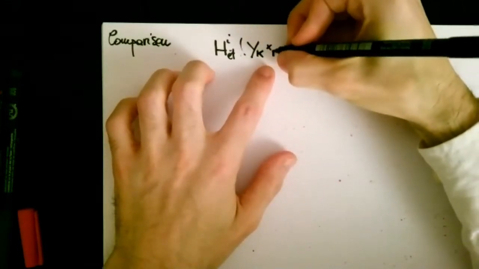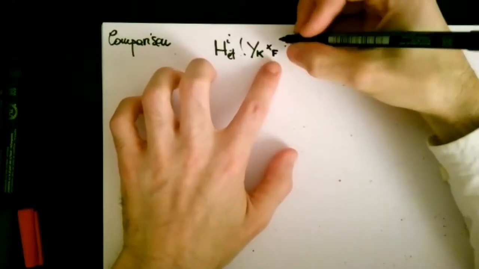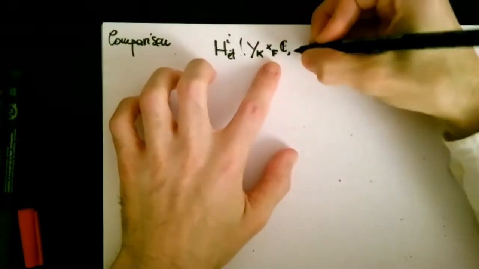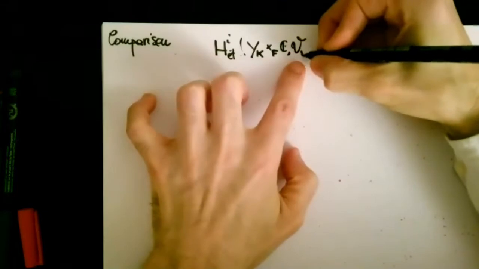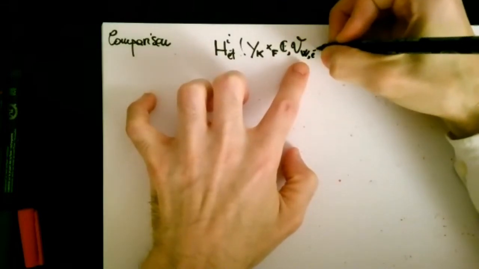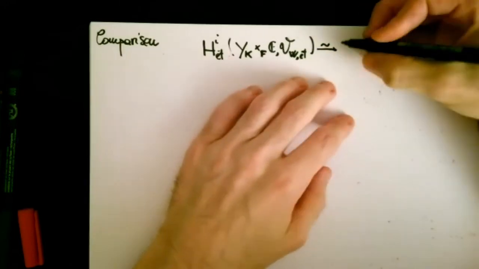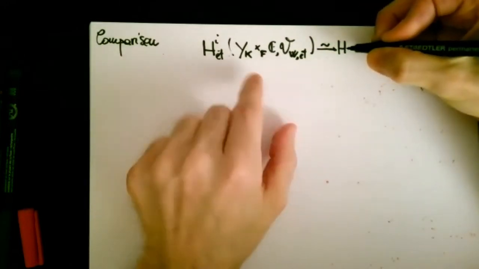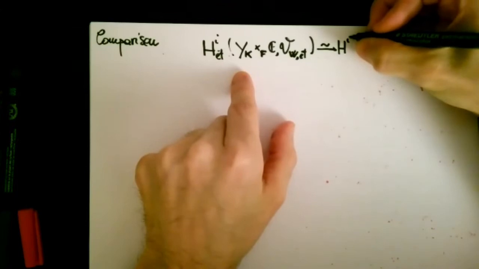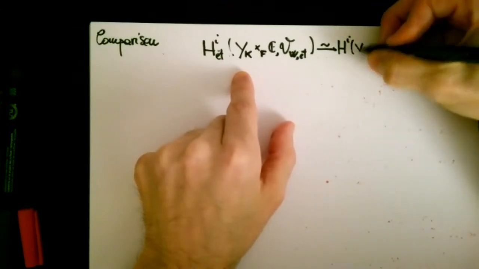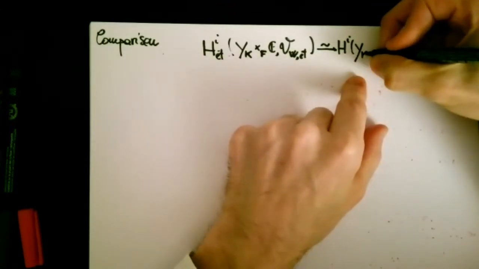Here I extend the scalars to C. Here I consider the Betti cohomology. So this is isomorphic, by the comparison theorem and smoothness, to the previous space, the space we worked with so far.